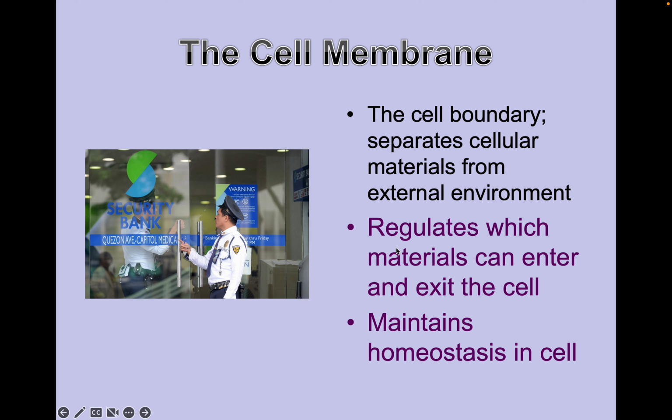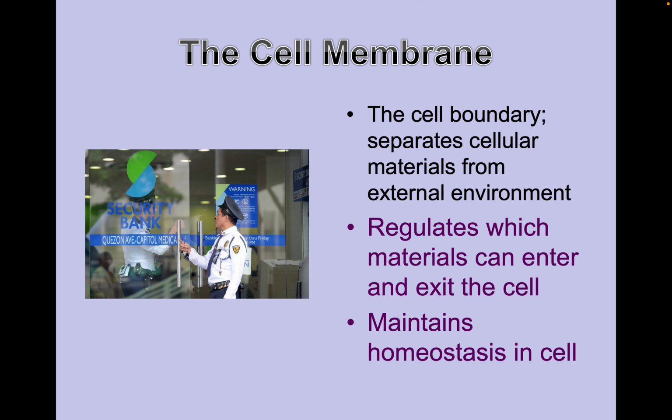So the cell membrane has important functions, and one of them is its role as a protective barrier, enclosing the cell and keeping harmful substances out. It controls the entry and exit of molecules and ions, regulating what goes in and out of the cell.